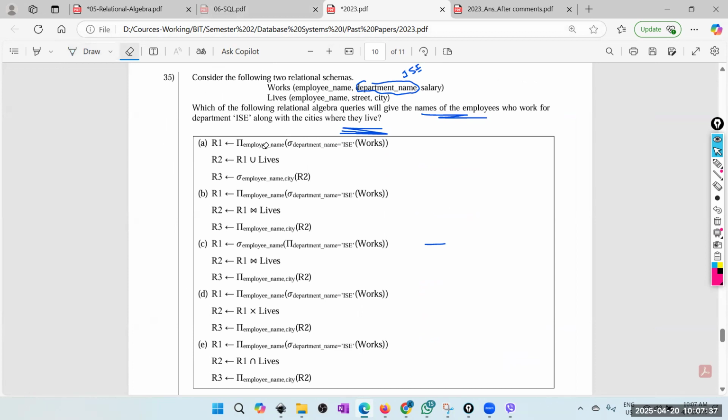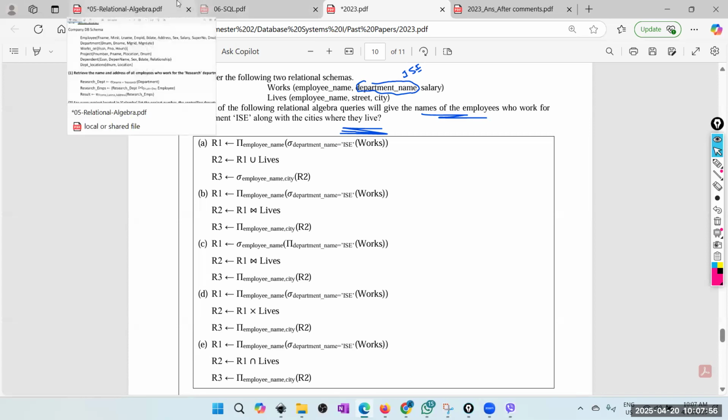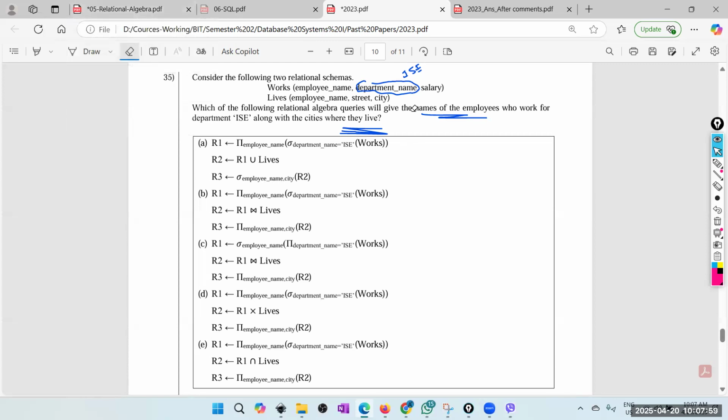What is your answer? Remember the city is in the lives table. So therefore, I am not going to tell anything. So you need the employee's name and the city where that employee lives, but only for employees in the ISC department.